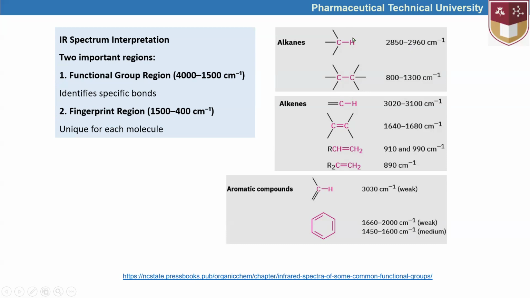If this hydrogen is replaced with a methyl group, as indicated here, we can see the shift from, let's say, 3,000 to 800 to 1,300, yeah? Here from 2,550 to 2,960, it is shifting to a much lower wave number.